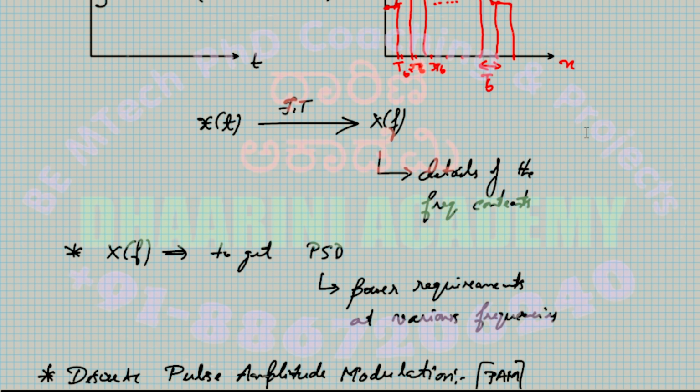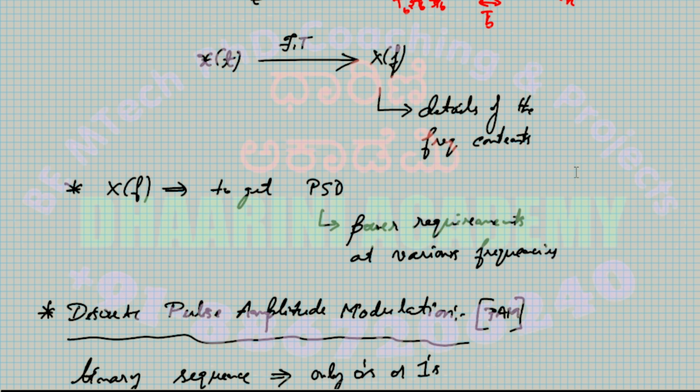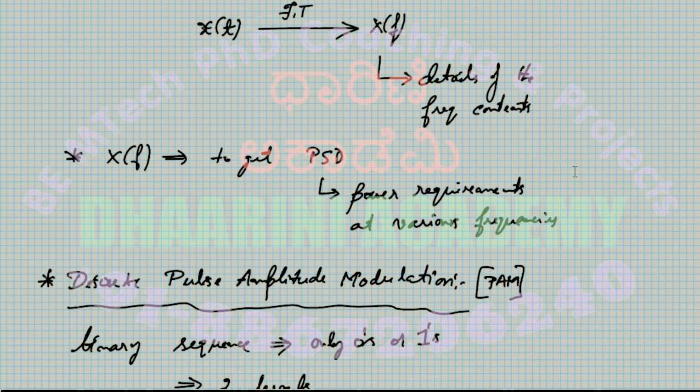And coming to the different views of data, you can get the Fourier representation of the data so that you can look at the details of the function or the signal in the frequency domain. Another version of looking at the data, in terms of the power, is called PSD, power spectral density. What is the use?